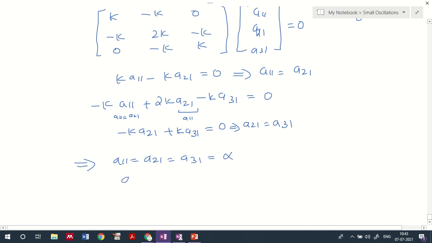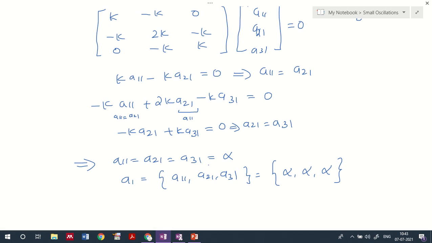So I can say that the entire set a1 is a11, a21, a31, which I can take as alpha, alpha and alpha. Okay, so I am getting the same value for all the eigenvector components a11, a21 and a31 in this case. Okay, hope you are clear with the discussion.